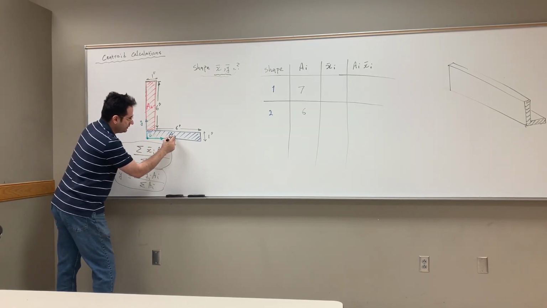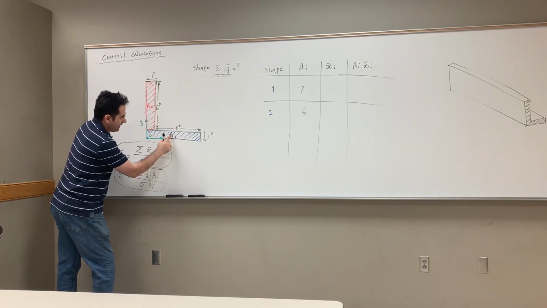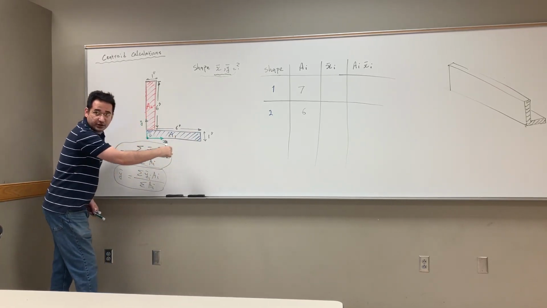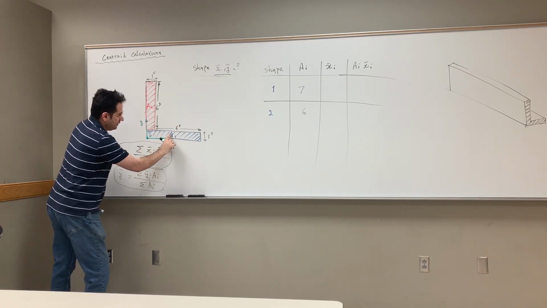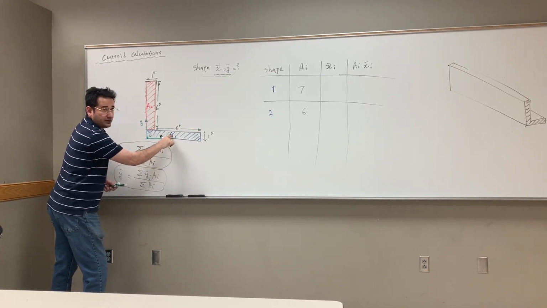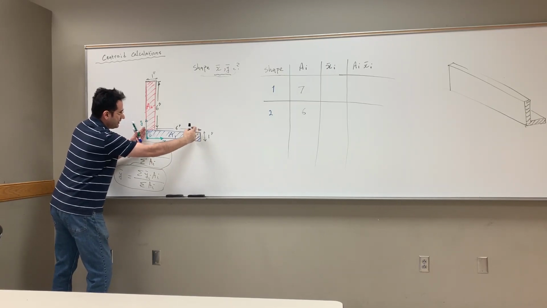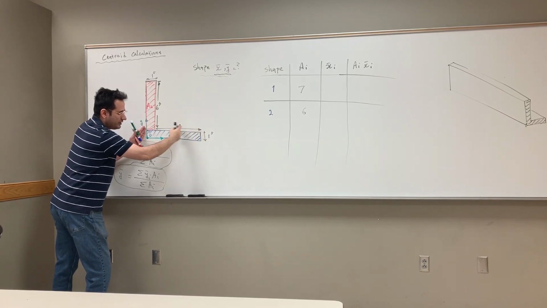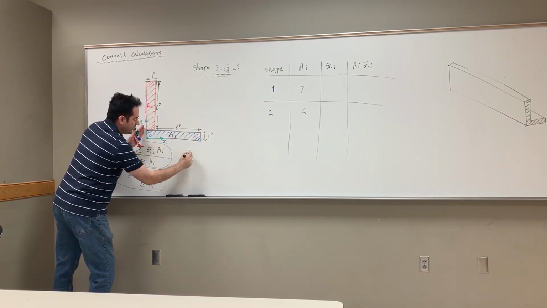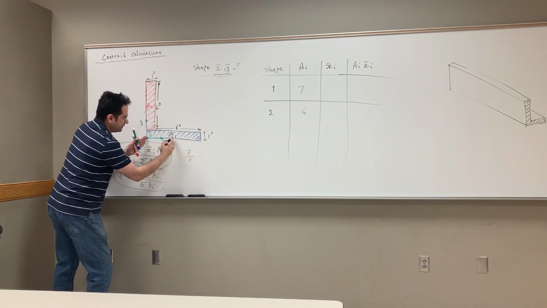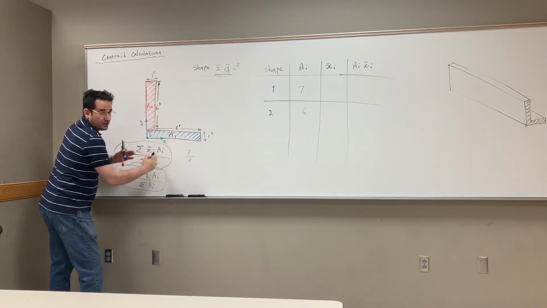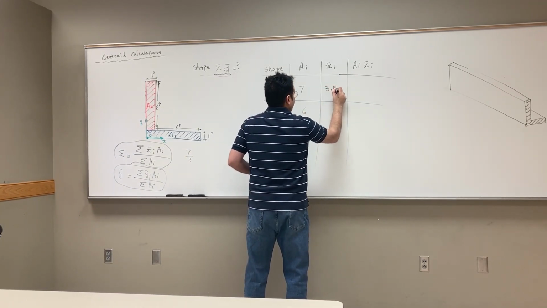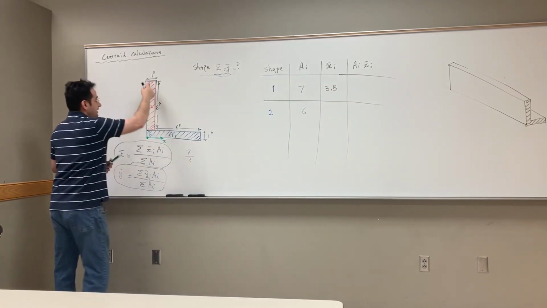I know the centroid is at the center because this is a rectangle. That's the advantage of decomposing the composite shape into sub-shapes. And what's this center? The total thing is 6 plus 1, which is 7. So x bar will be 7 divided by 2 with respect to here, which is 3.5.